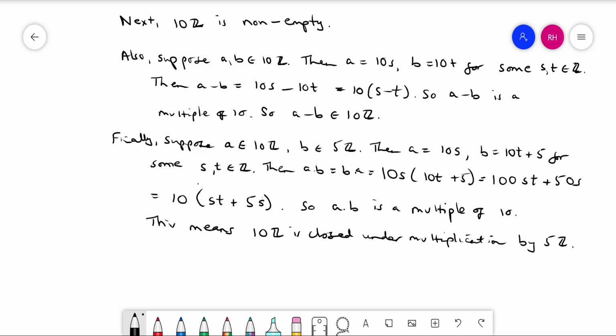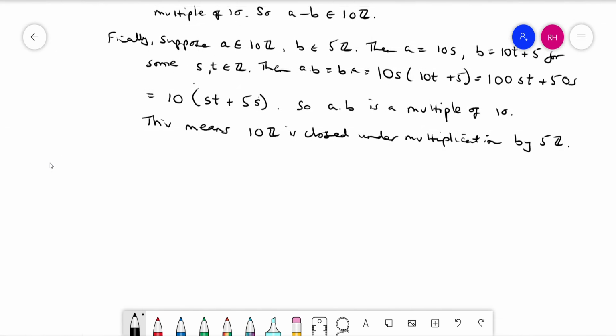That's one way of putting it, I suppose. And so, therefore, 10Z is an ideal of 5Z.